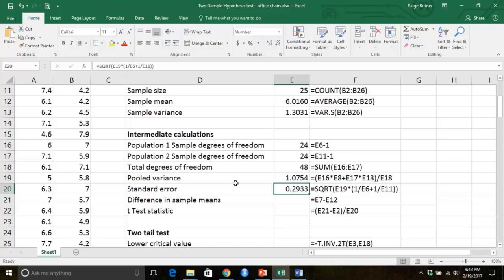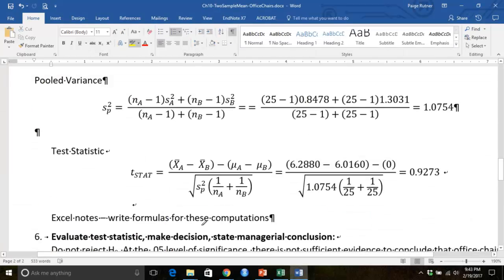Now, still doing intermediate computations, I've got a couple of other intermediate computations I want to make here. One is the difference between the two sample means. Let's go back to our write-up. The difference between the two sample means is the term that we see right here, the difference between the mean of sample 1 and sample 2.